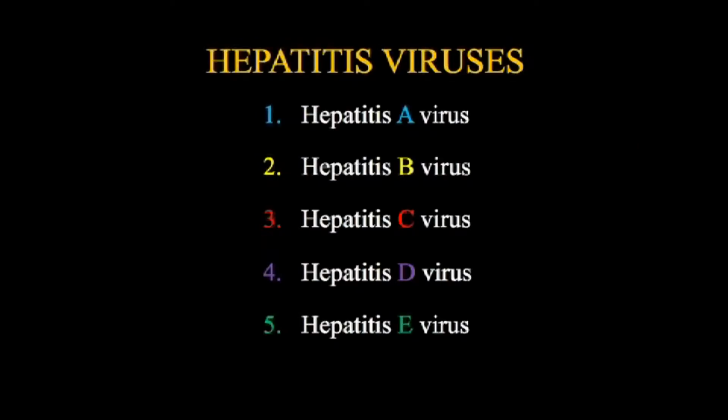For the viruses causing hepatitis, we have hepatitis A virus, B virus, C virus, D virus, E virus, as well as other ones. But A, B, C, D, E are the common ones that we want to talk about later on in the next shows, because they are very important viruses we need to know.